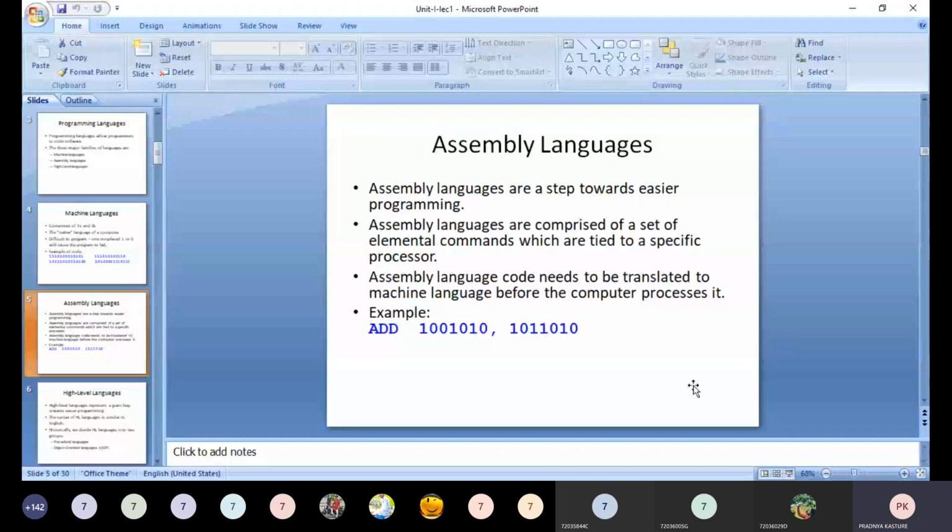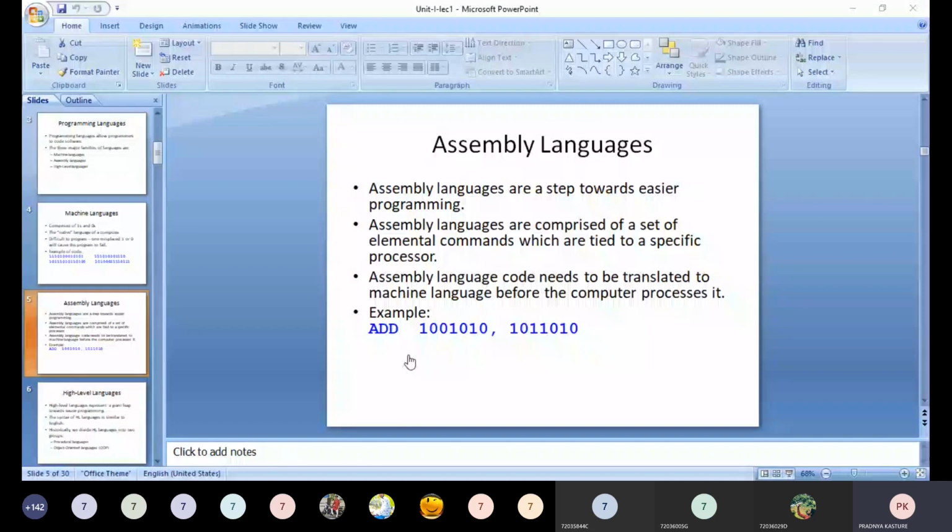But for assembly language also, we have to use an assembler, the intermediate that converts the assembly language into the machine language. So for assembly language we require the assembler, which is nothing but a language converter, which converts assembly language into machine language.